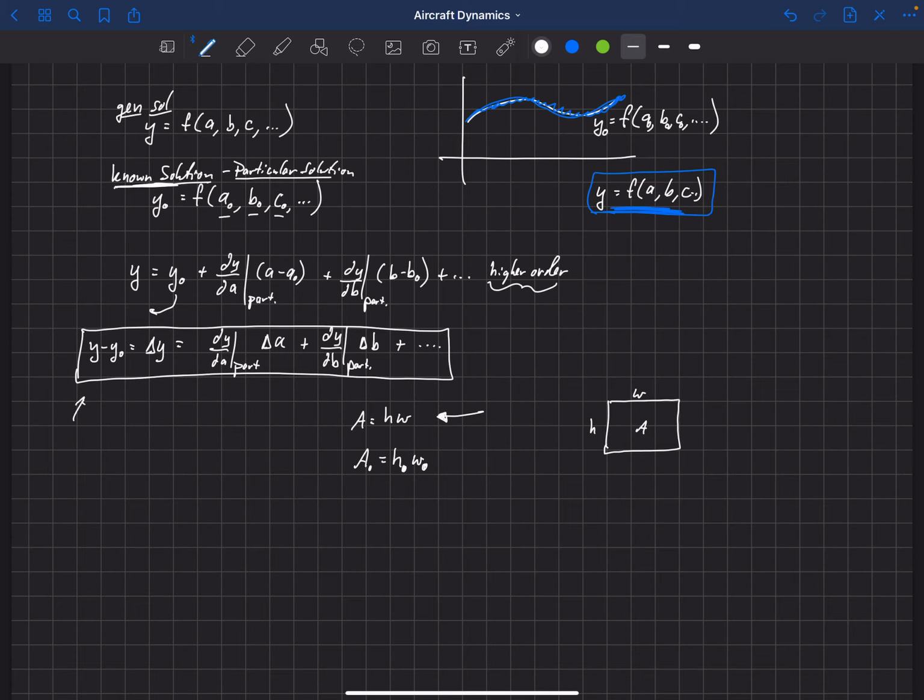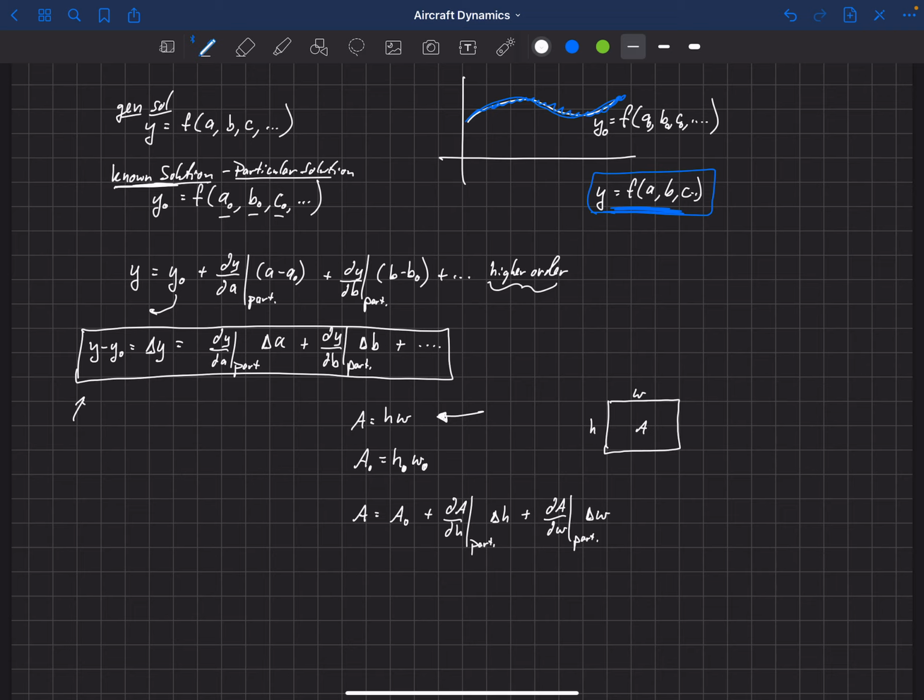So our general solution is equal to our particular solution, A naught, plus the change in area with respect to height evaluated at the particular solution, times delta H, plus the change in area with respect to width evaluated at the particular solution, times delta W.